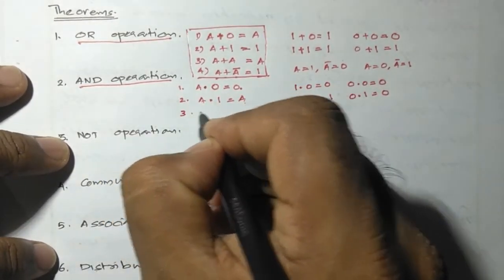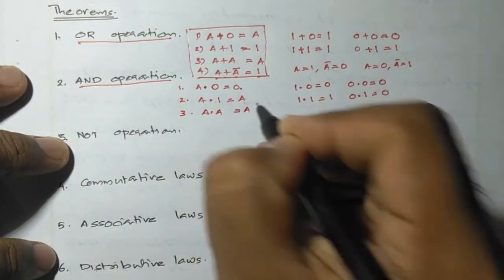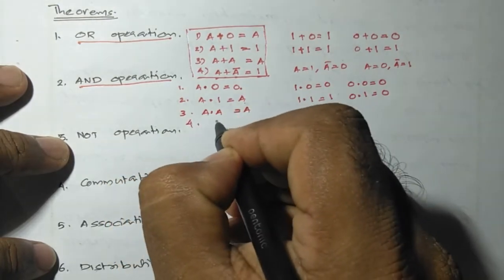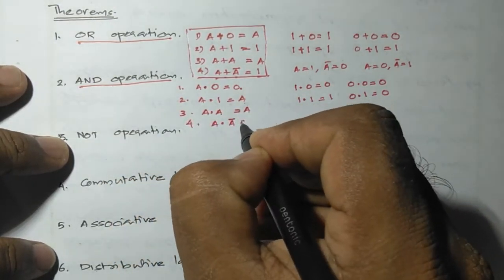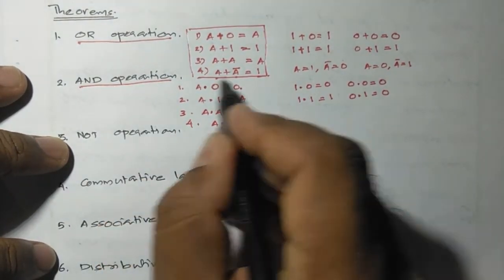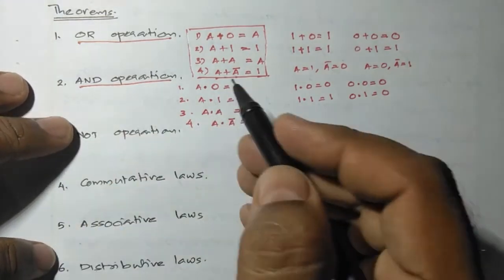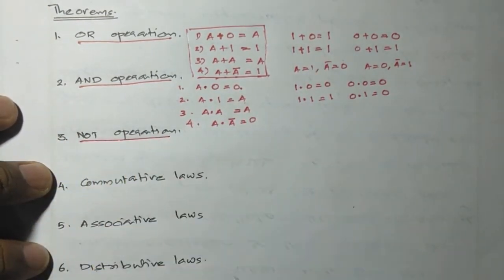The third theorem is A AND A is A. The fourth theorem is A AND A complement is always a 0. So these are the four theorems associated with the AND operation.